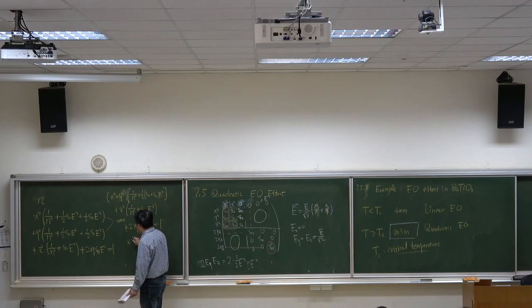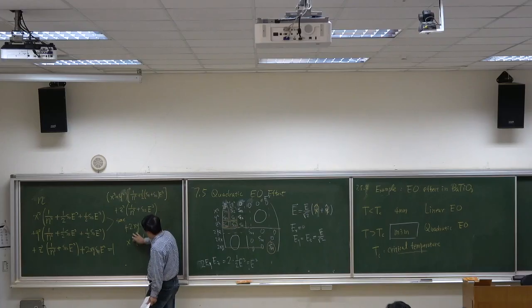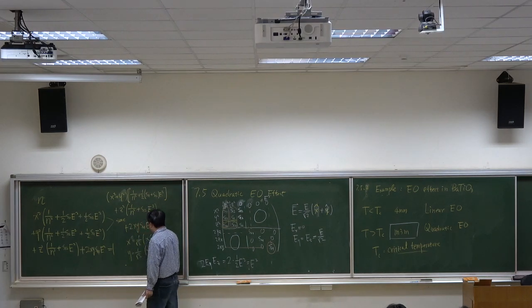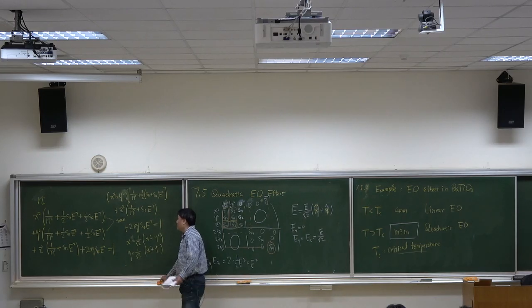Writing it the other way around, x is 1 over square root 2 times x prime minus y prime, and y is 1 over square root 2 times x prime plus y prime.